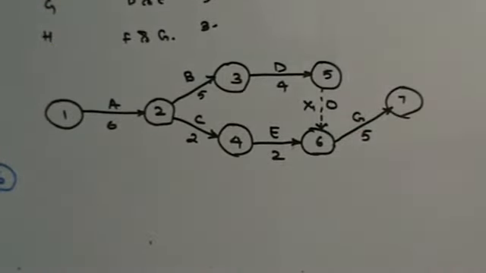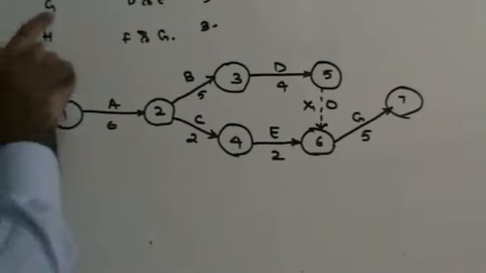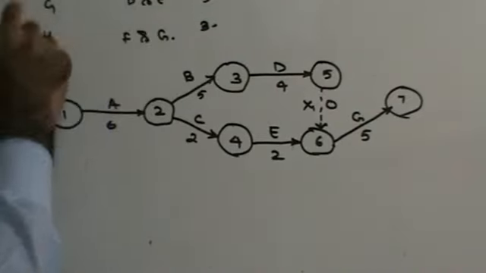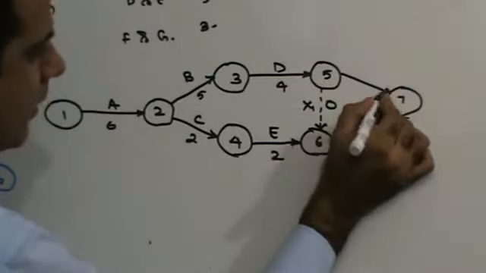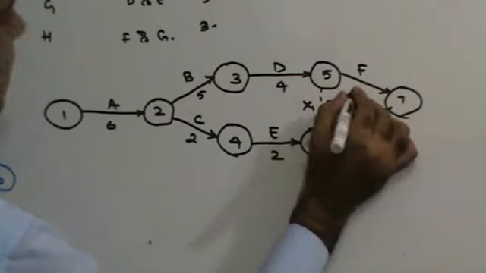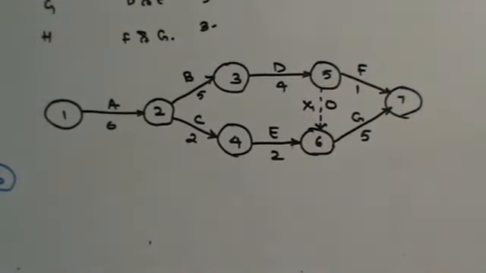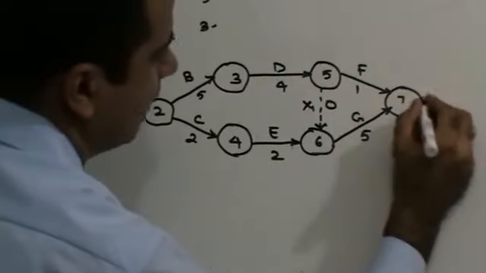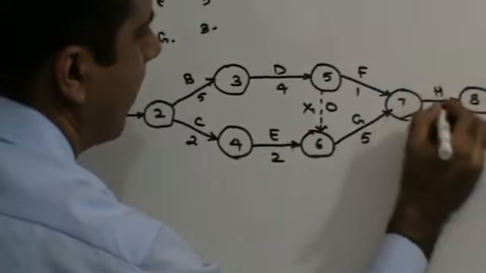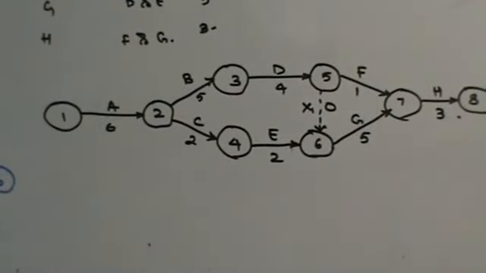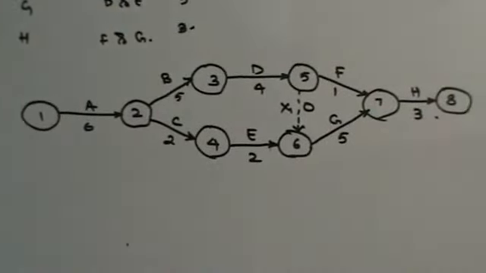Now you also have D, that is going to give you F. After D you have F, which is of 1 day, right? Now F and G combine to give you H, which is of 3 days. So that's my network diagram, right?